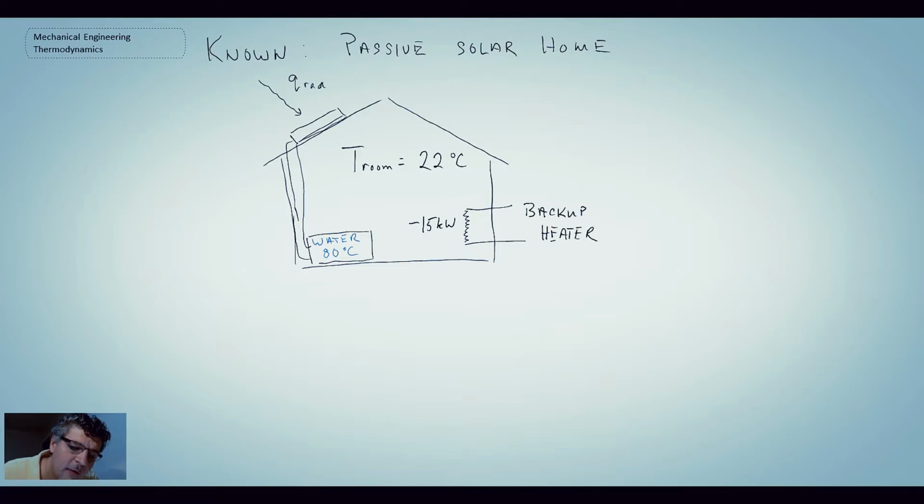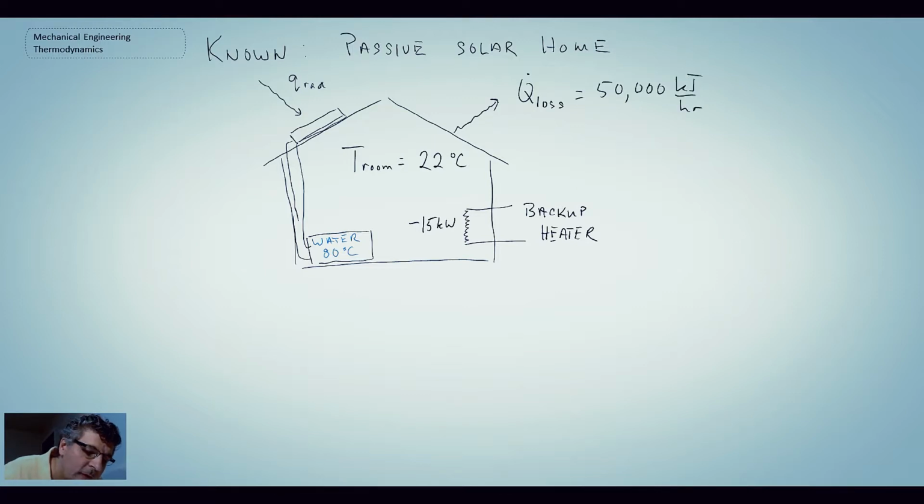And the other thing going on is we have a loss of heat during the long winter night in the amount of 50,000 kilojoules per hour.